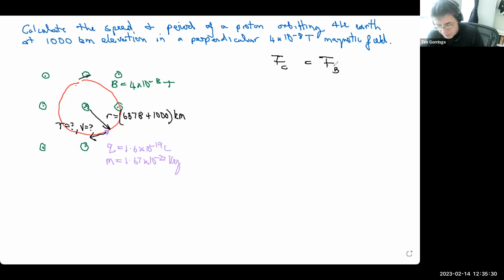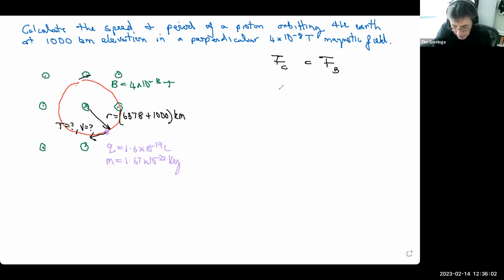It's a statement about strengths of the centripetal force and the magnetic force. It's a statement that the size, magnitude of the centripetal force equals the size and magnitude of the magnetic force in this situation. We can check the directions. I'll discuss the directions at the end of the problem. Anyway, that's our master equation. That's our key concept, a key idea.